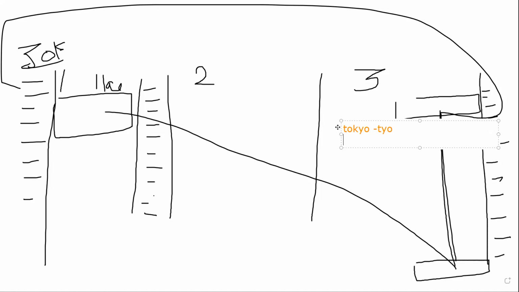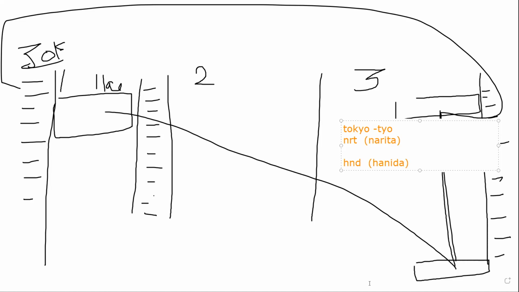One is NRT and the second is HND. NRT stands for Narita. Sometimes we take the flight from Narita and sometimes we take the flight from Haneda. That's how we work. Is it clear to you?